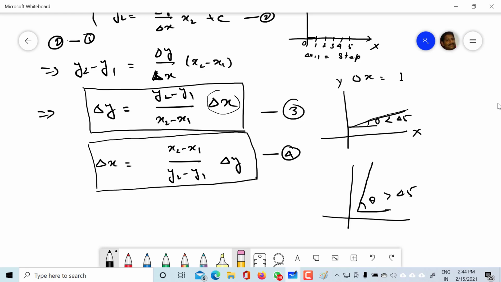So, if the value of delta y upon delta x is more than 1, you should take y as the base, else you should take x as the base. So, this is the main concept.